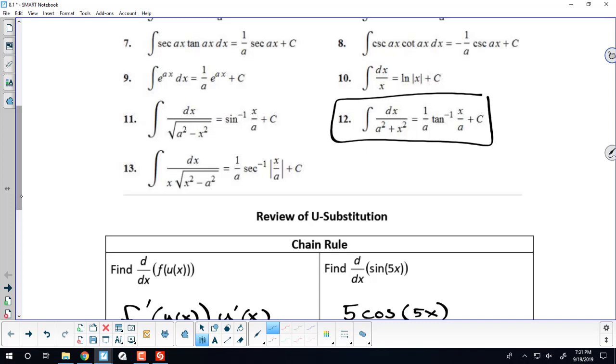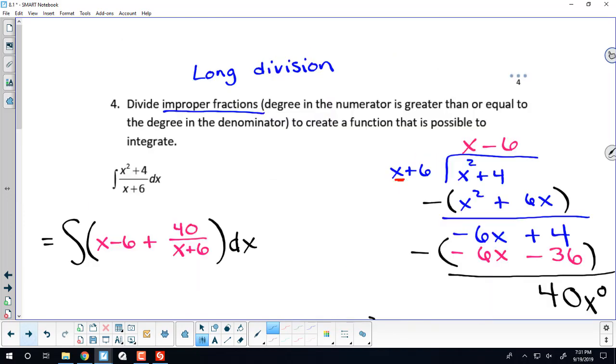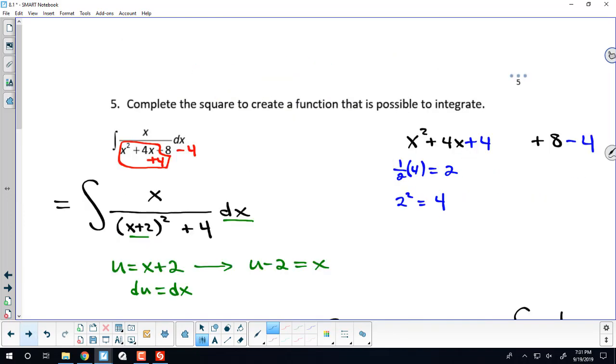If you don't go the u route, from the x over (x plus 2) squared plus 4. Maybe. Yeah, I don't have any alternatives off the top of my head. But yeah, there certainly could be one.